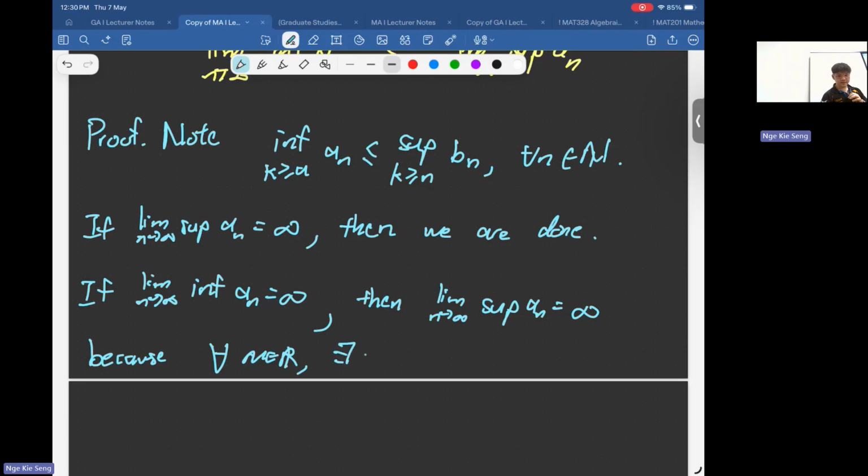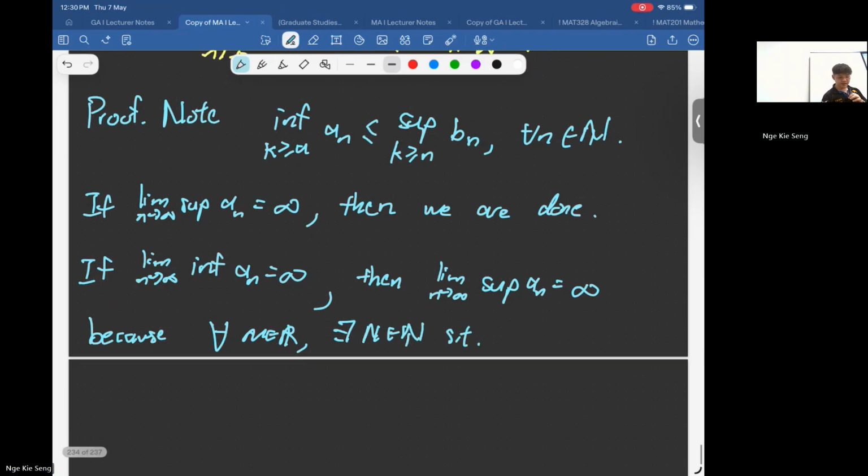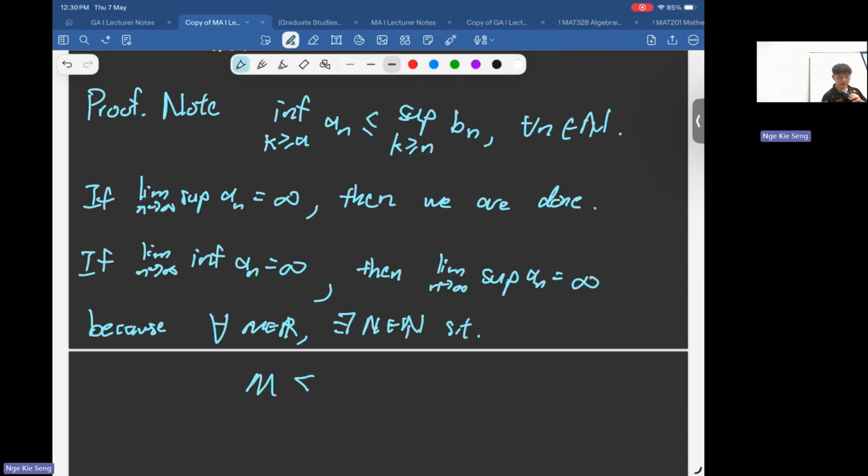That means there exists an n in N such that this m will be smaller than the inf of a_n. If this needs to go to infinity, this term must always be greater than any m you can pick. But this term might depend on which n you pick. Does it make sense?